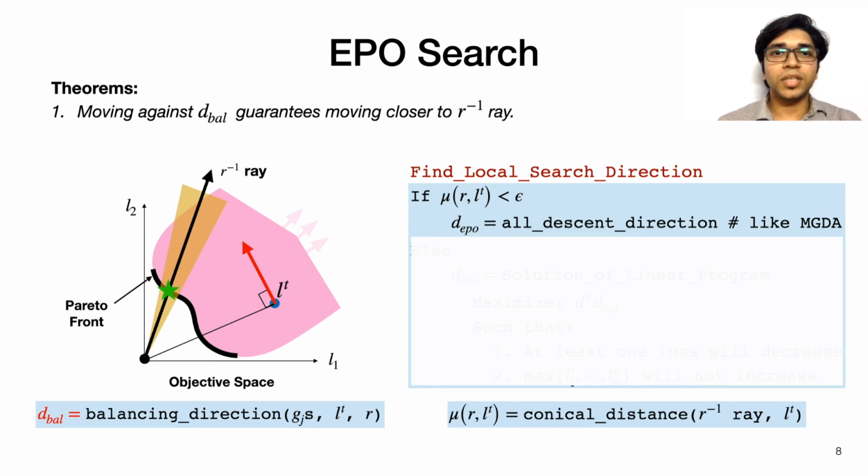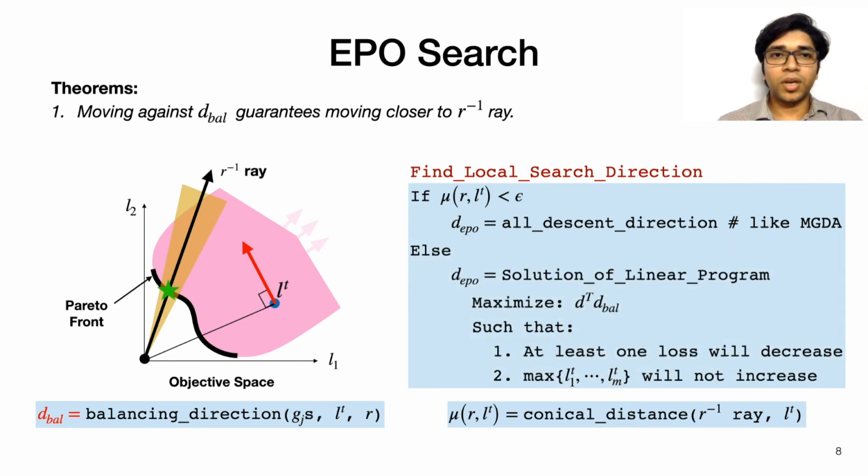So we use this d_bal to find our local search direction when L_t is far from the preference ray. We do that by solving a linear programming problem. The objective is to align the search direction with d_bal as much as possible. We put some constraint to control the ascent so that the iterations do not diverge.